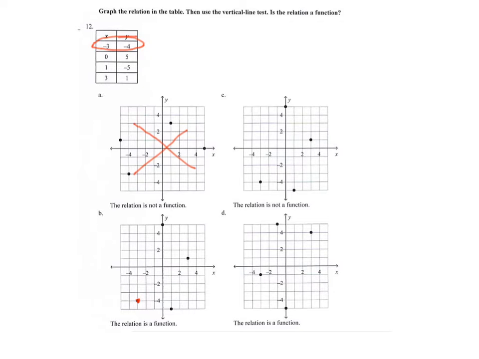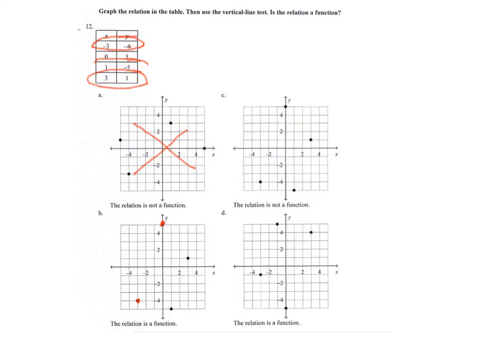I got a point there, 0, 5, that works. Next I got 1, negative 5, so right 1, down 5, that works. Then I have 3, 1, so 3 to the right, up 1. That works.